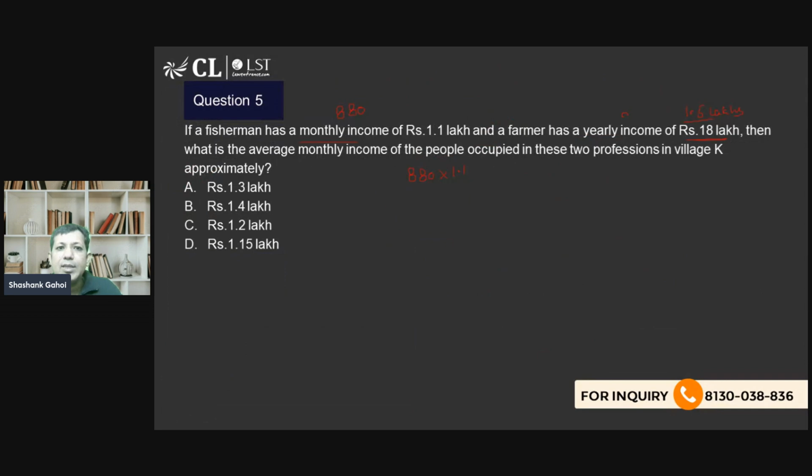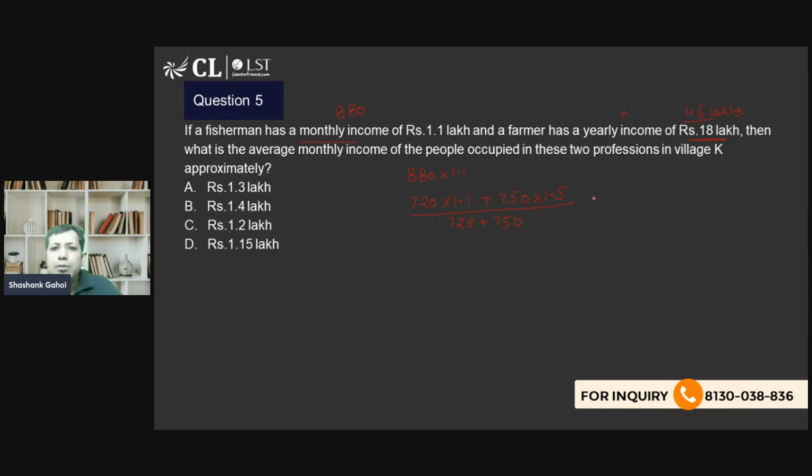So basically the total income of the fishermen and farmers is 720 into 1.1 plus 750 into 1.5, divided by 720 plus 750. Now that's what the question is talking about.